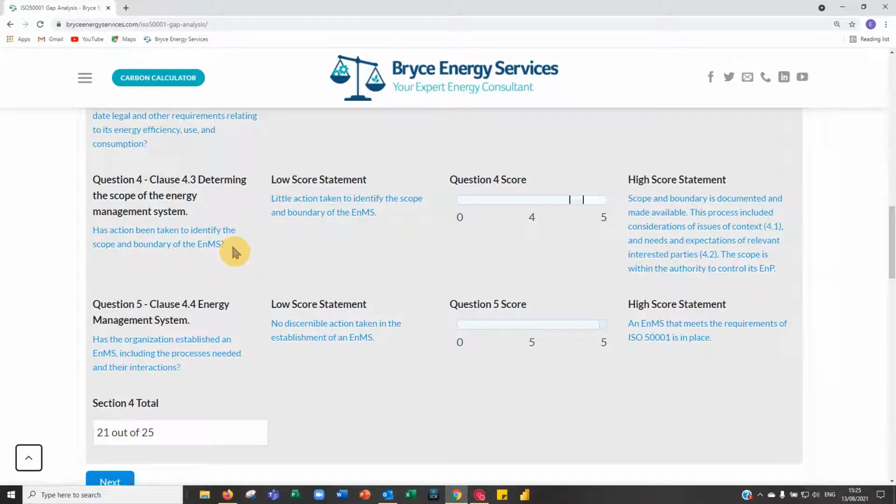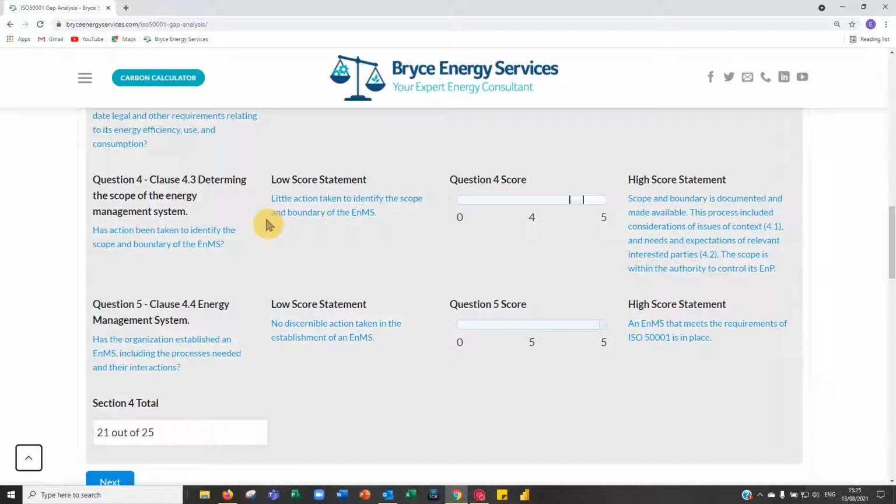It's asking, has your organization defined what exactly the energy management system is designed to control? What's the boundary? Is it simply your one factory unit and the boundary is that factory? Are you multiple factories spread over a geographical area? Is that the scope and boundary of the energy management system?